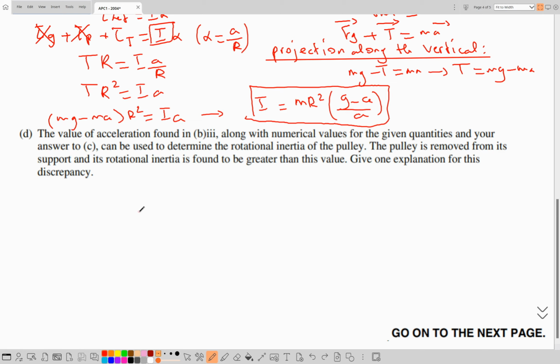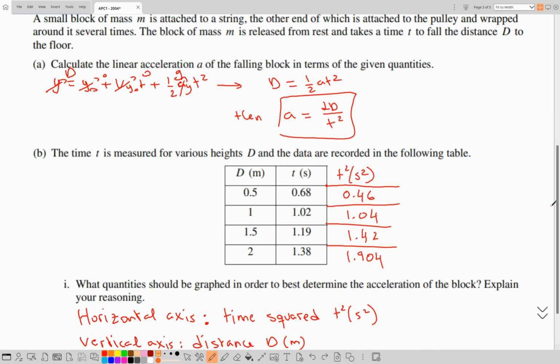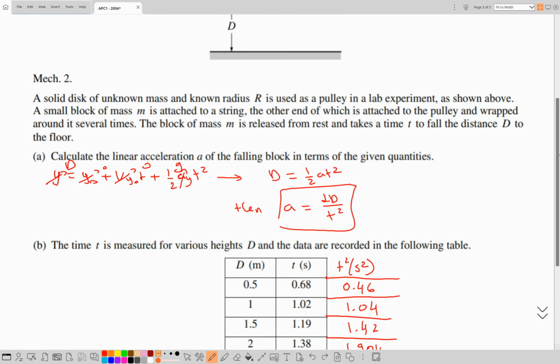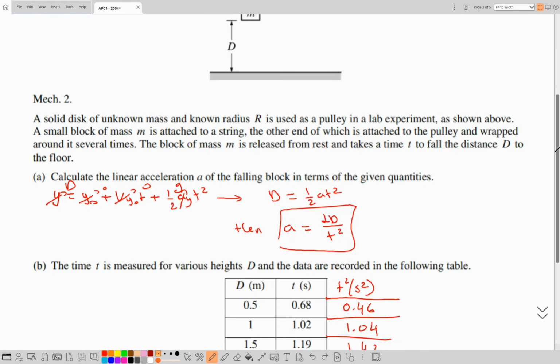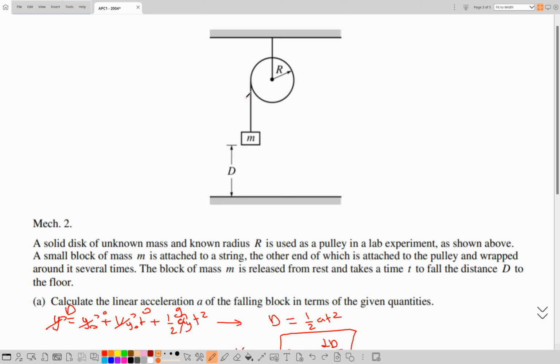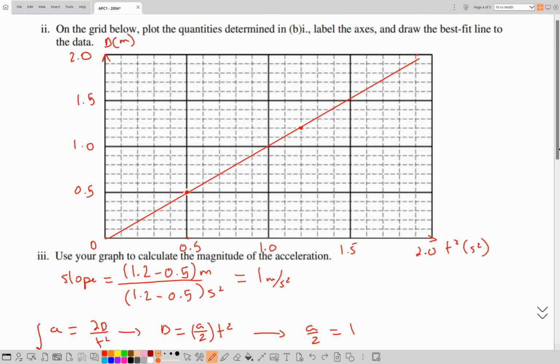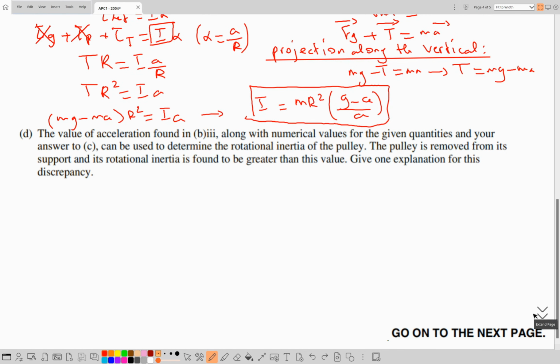So one explanation for this is that we might have measured, from this distance and these values of time, an acceleration which is greater than the actual one, because we haven't taken into account that the string around this pulley is slipping. If the string is slipping over the pulley, we're measuring an acceleration, but how can this acceleration be compared to the rotational inertia? Because of the pulley's inertia, it would decrease this acceleration.